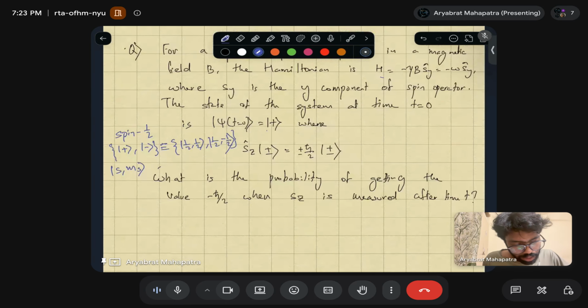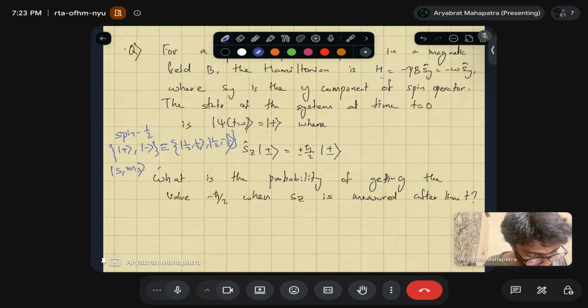So when S_z acts on this plus, if you remember, these |s, m_s> states are the eigenstates of S_z. So when S_z acts on plus or minus, if it is plus it means half, half, and if it is minus it is half, minus half.